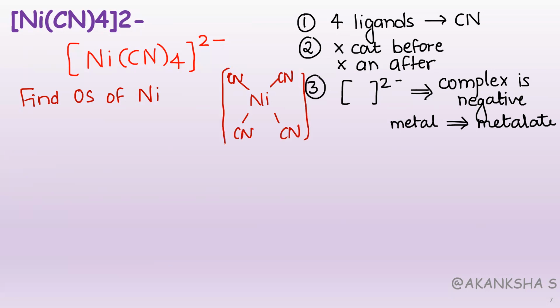And outside the bracket, a mandatory 2 minus. So nickel happens to be our central metal atom, and we are finding its oxidation state. We have 1 nickel plus 4 CN groups and the total charge is -2.